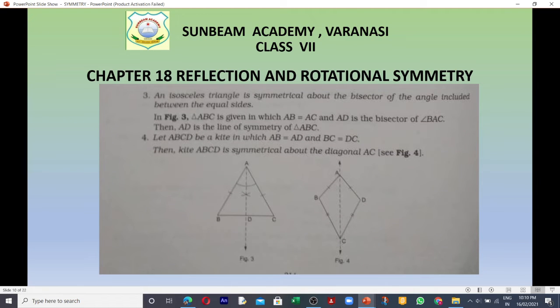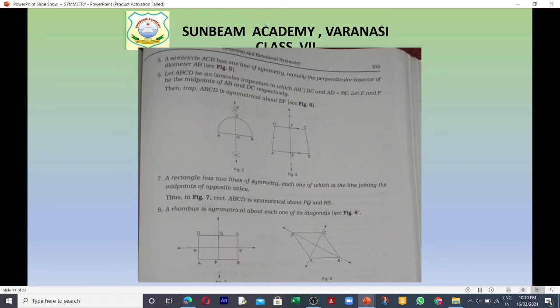Then, an isosceles triangle has only 1 line of symmetry, through the included angle between the equal sides, children. In the same way, a kite has only 1 line of symmetry, through 1 diagonal only. Then a semicircle has only 1 line of symmetry.